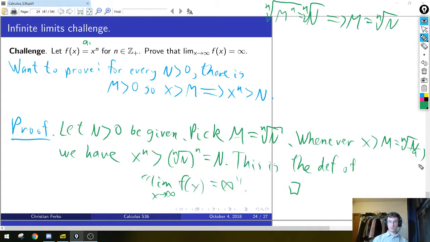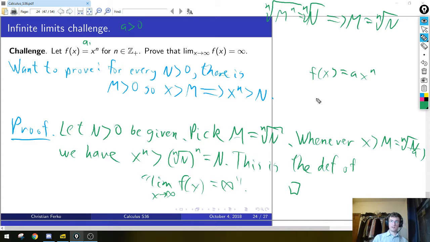Is that what I want? Because then, let's see, oh, you'd have to be a little careful about sign. A has to be positive. If a were negative, we can run the proof, but then we have to change it, right? Because then it goes to minus infinity, right? So if we had a positive coefficient, then we would just say, okay, f of x is a x to the n.